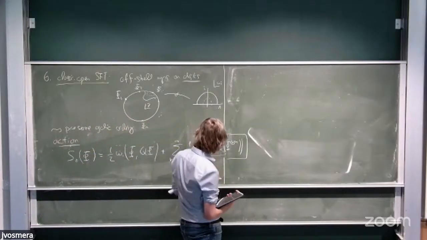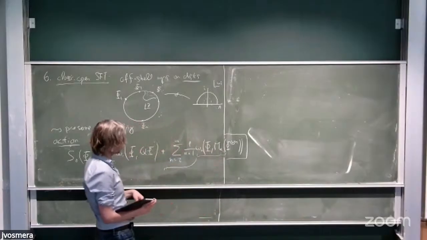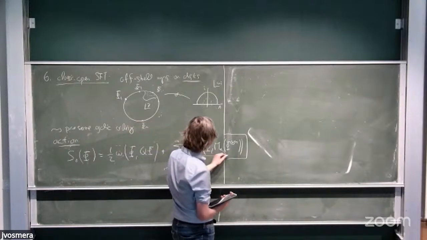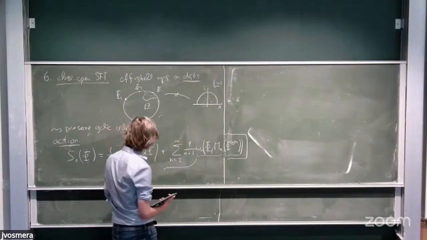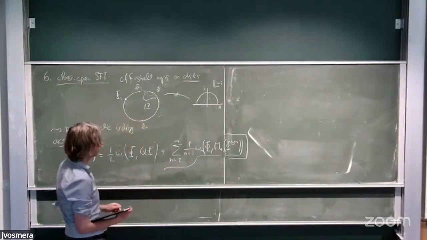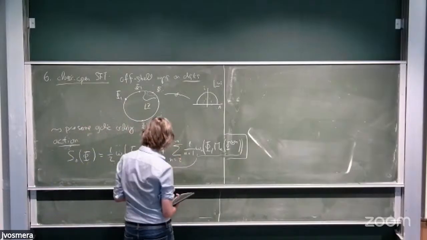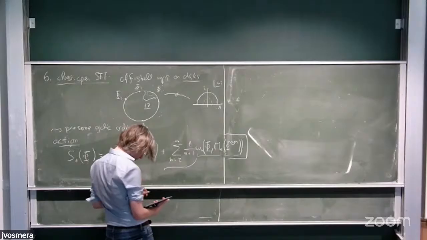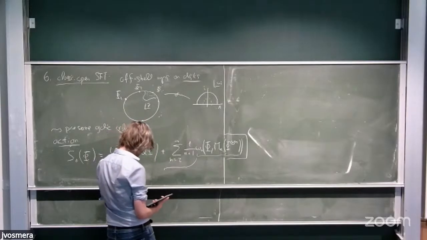But now there is no requirement on the graded symmetry of these products M. The only restriction I'm putting is that these products M are graded cyclic with respect to this non-degenerate bilinear form, which gives us these open string vertices.